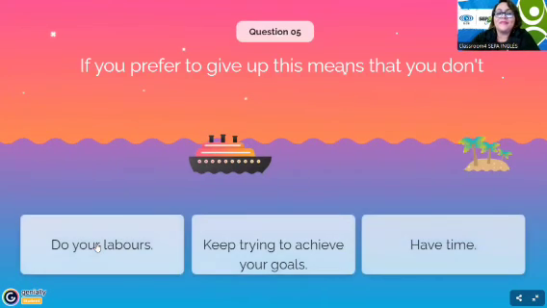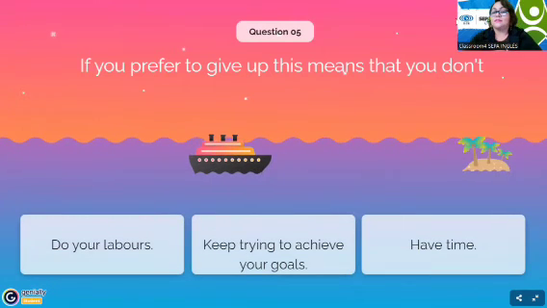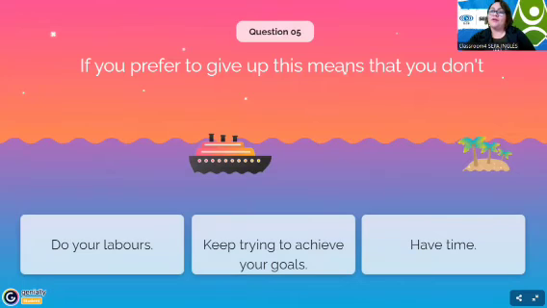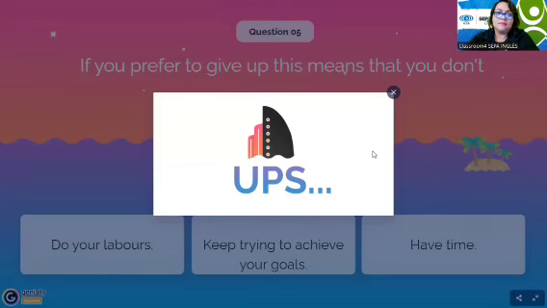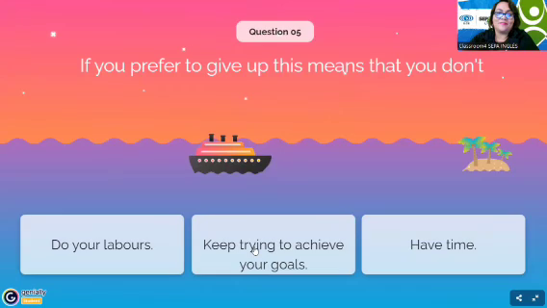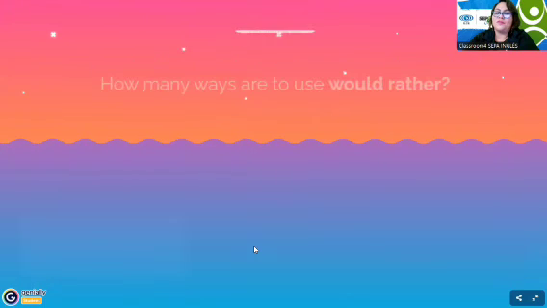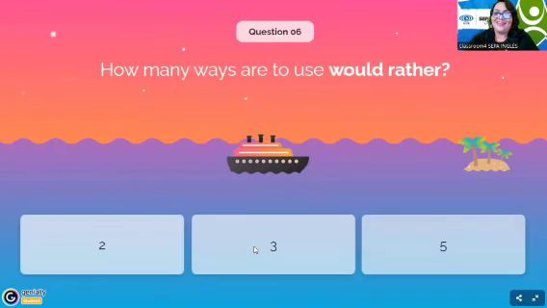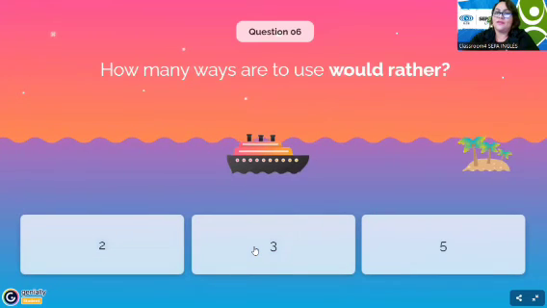If you prefer to give up, this means that you don't have time. No. Keep striving to achieve your goals. Yes. How many ways are there to use would rather?